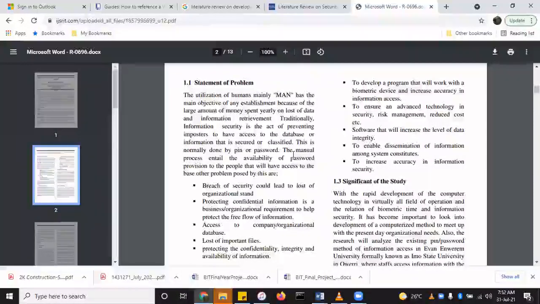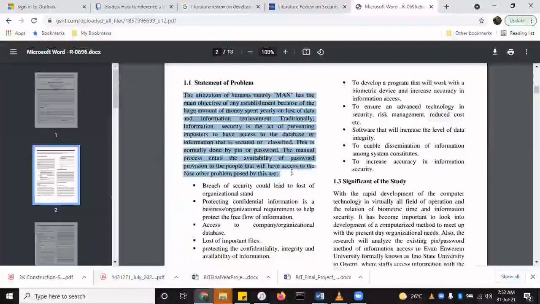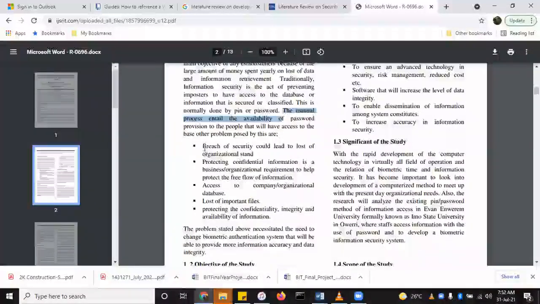The manual process entails the availability of password provision to the people that would have access to the base, and other problems posed relate to this. So I can guess from this paragraph that he's trying to talk about how the manual process of securing systems based on passwords or PIN provisions can lead to some of these challenges.